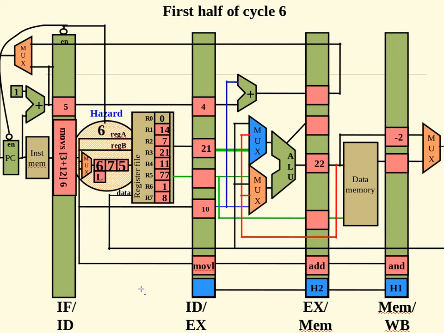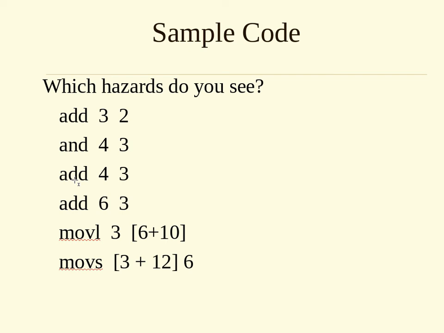Now the move L or the move S is going to have a hazard with the move L. If you recall, move L is writing to register 6, but register 3. Yeah, these values are wrong, sorry. So this needs to write to register 6, this needs to write to register 3. And then this needs to be based off of 6, and then there we go.